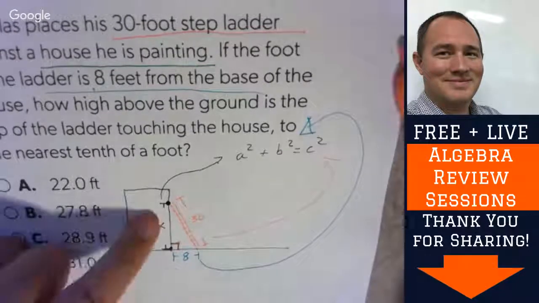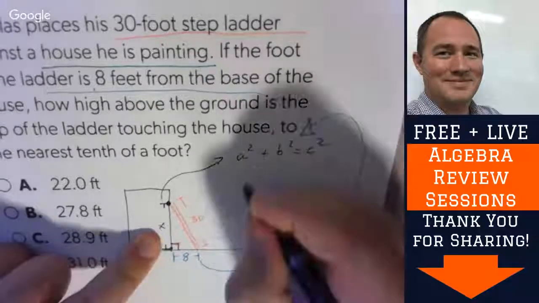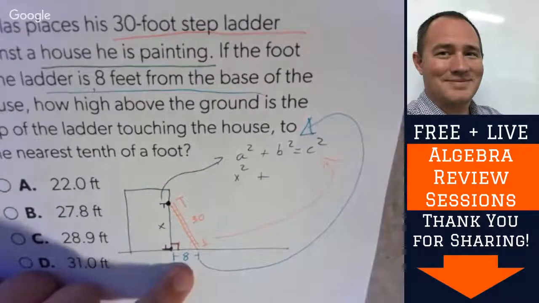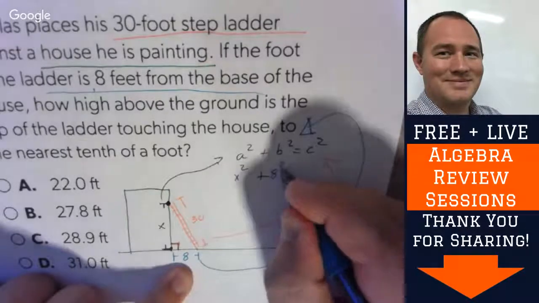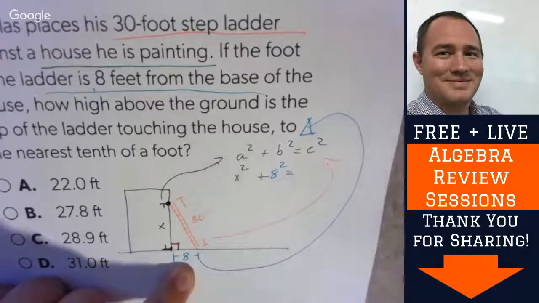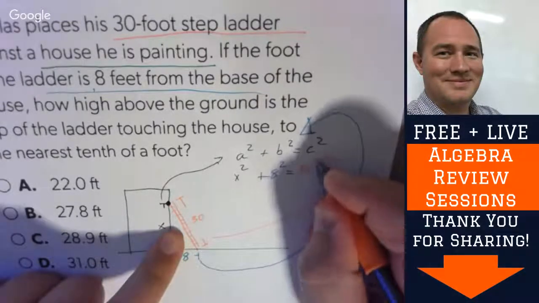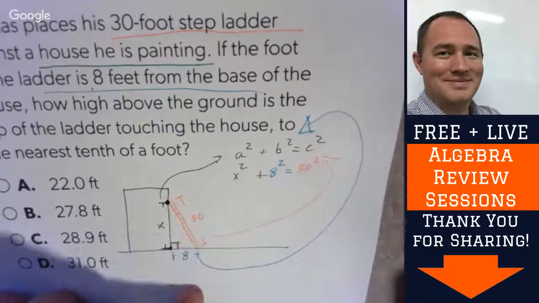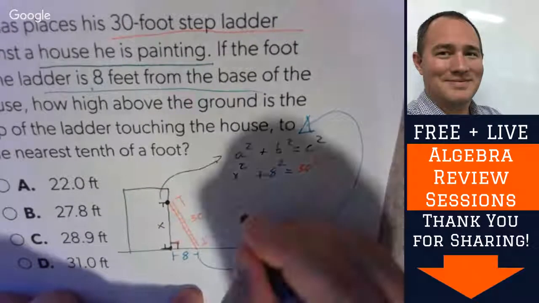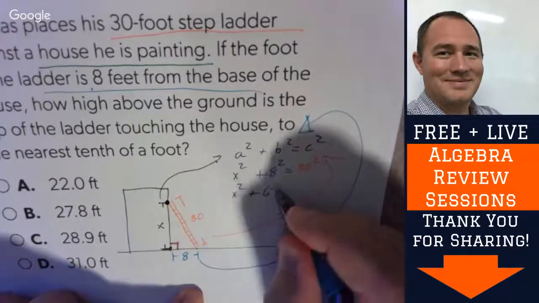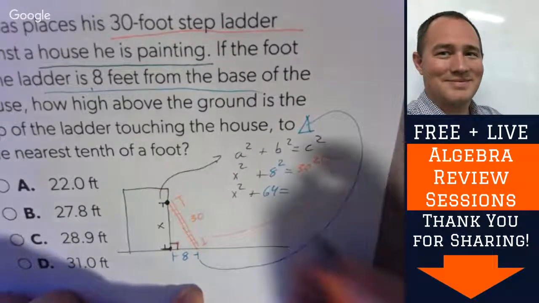Okay, so I'm going to start to replace these. Instead of a squared, I'm going to write x squared. Instead of b squared, I'm going to write 8 squared. And instead of c squared, I'm going to write 30 squared. So this is going to leave us with x squared plus 64 equals 900.